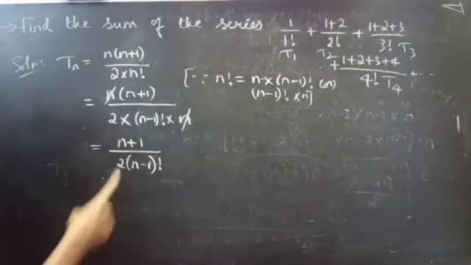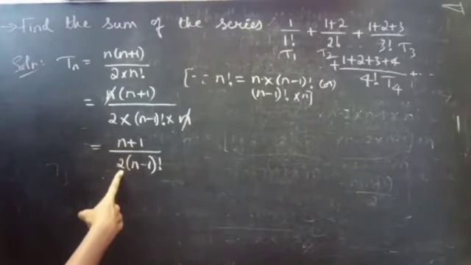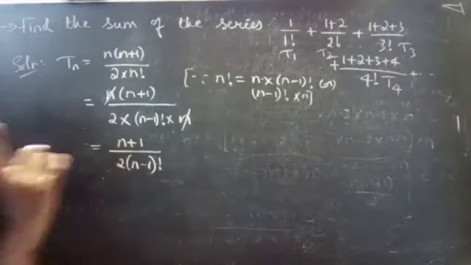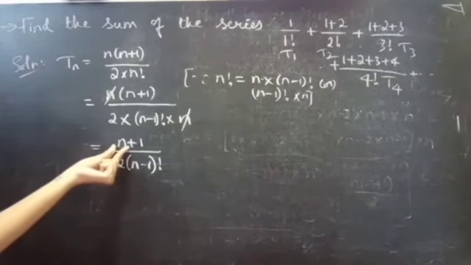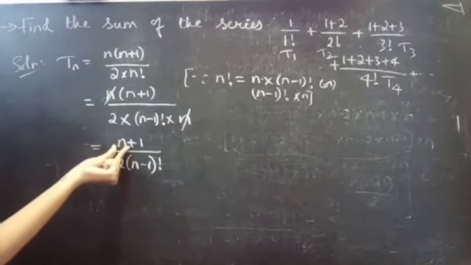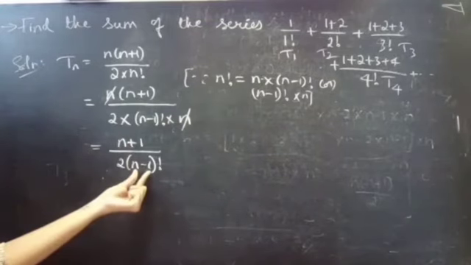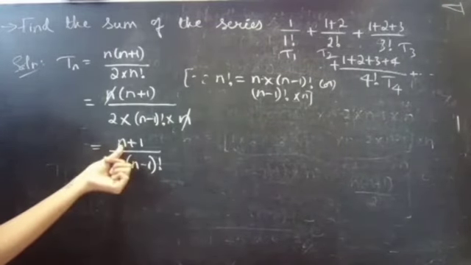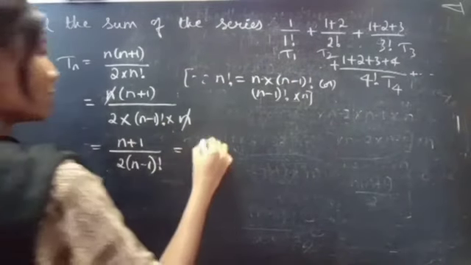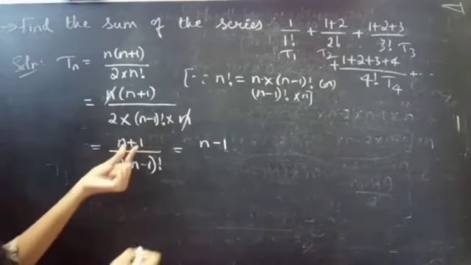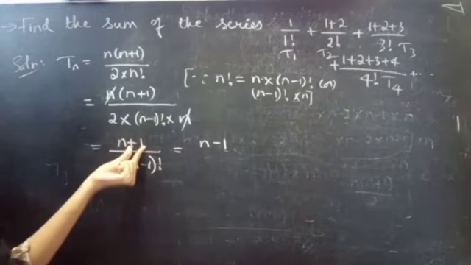Okay, fine. So now we are having (n plus 1) by 2 into (n minus 1) factorial. In the numerator, you are having n, but I want to write this n in terms of n minus 1. But in the numerator, you are having plus 1.